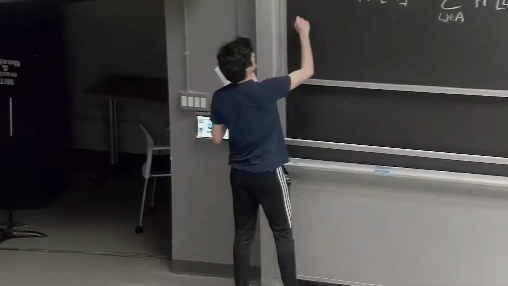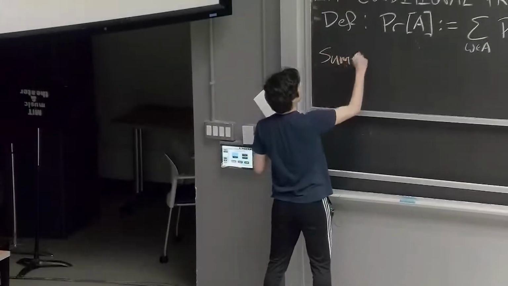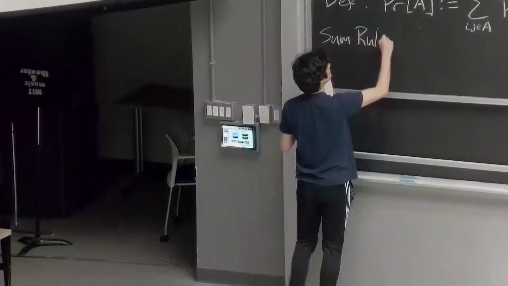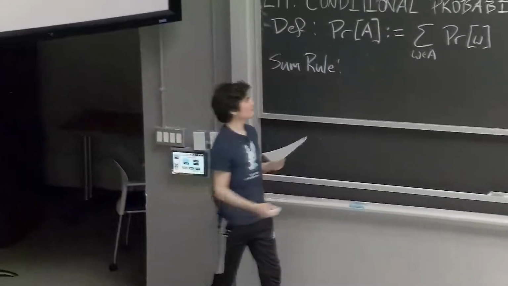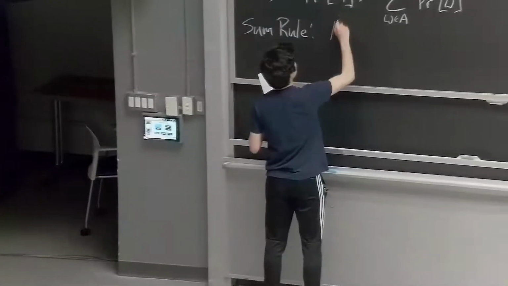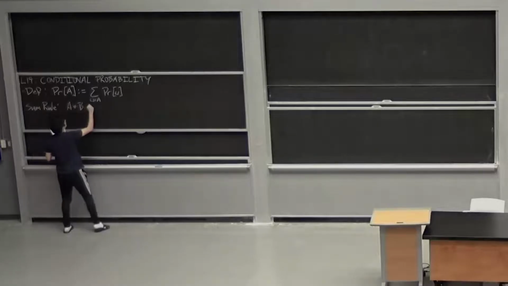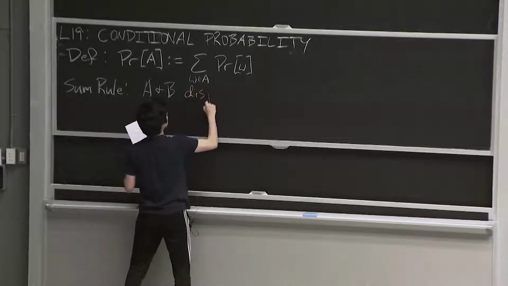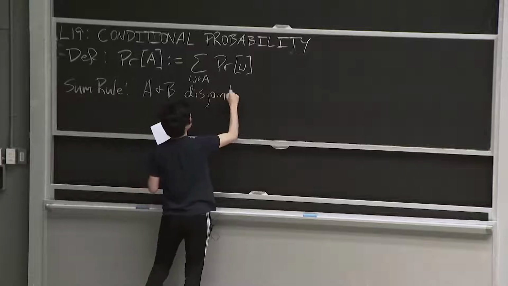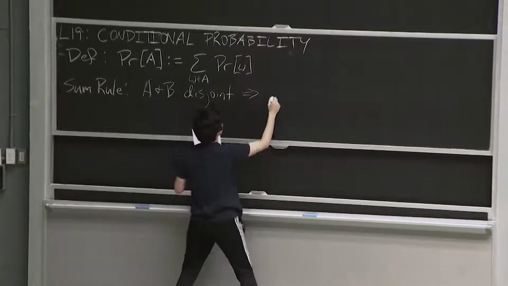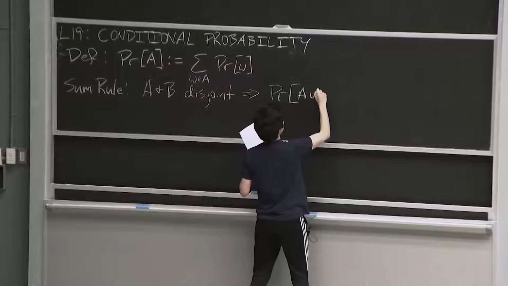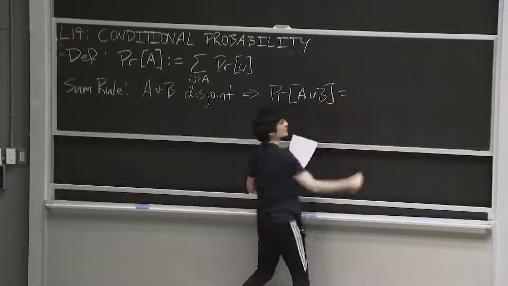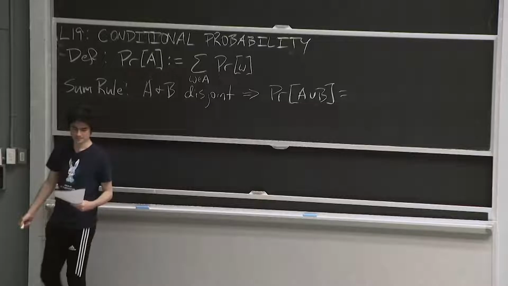So first, we have the sum rule. If we have two events, A and B, and they're disjoint, this tells us that the probability of the union of A and B is what? What do we think that is?